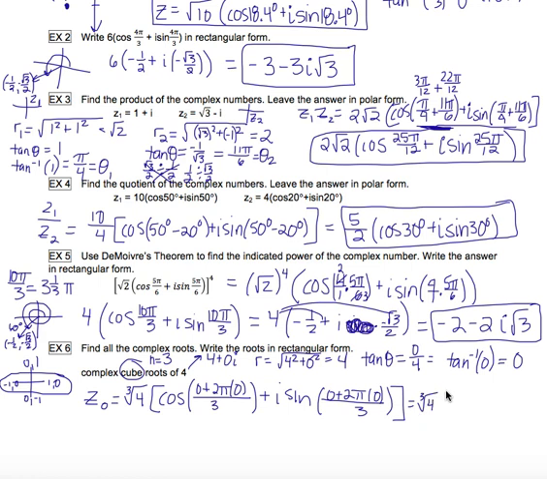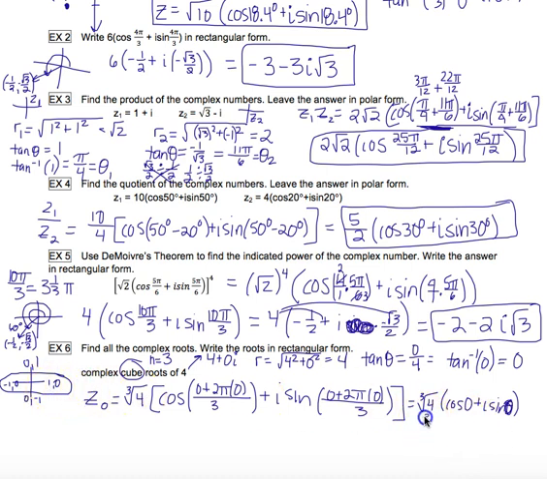And then I've got cosine 0 plus I sine 0. And this is polar form. Remember that it's asking for our roots in rectangular form. So that means I do actually have to evaluate in this case. So cosine at 0 is 1.